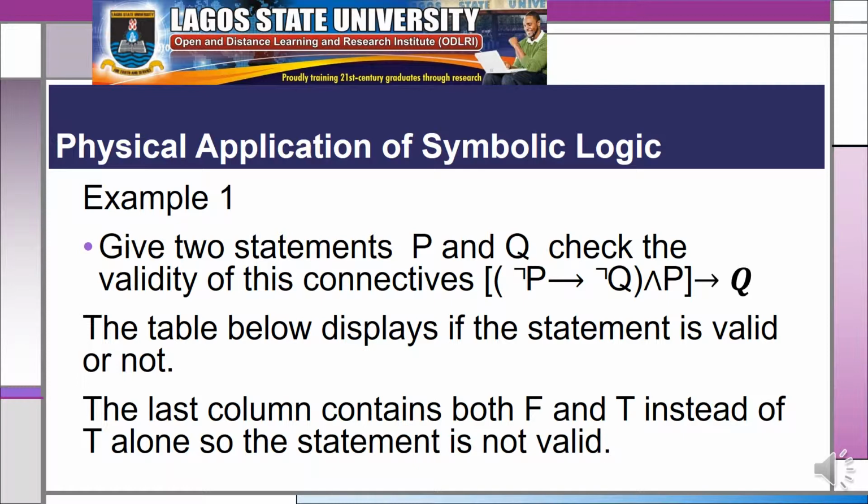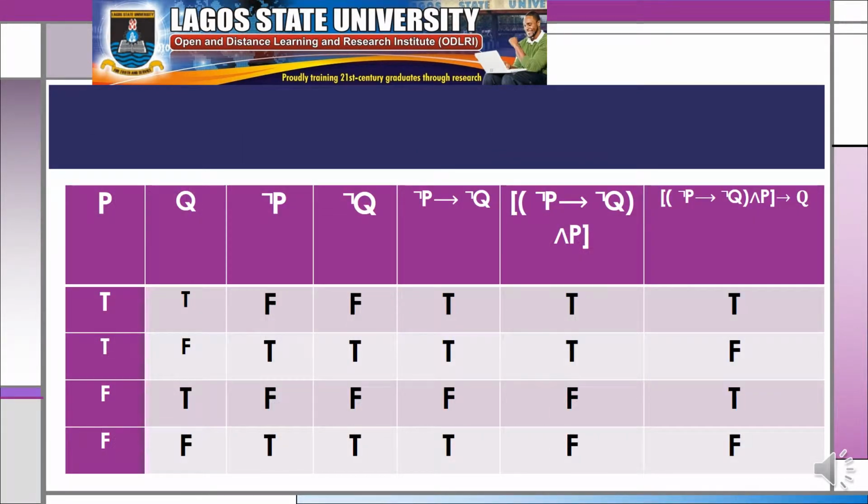The last column contains both F and T instead of T alone, so the statement is not valid. The last column should have contained T for it to be valid. You can see from the table P, Q, not P, the negation of P, not Q, the negation of Q, not P implies not Q. All these are obtained from the previous lessons 1 and 2 we had together.